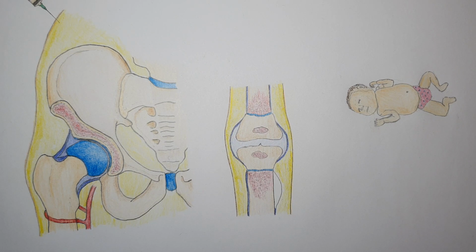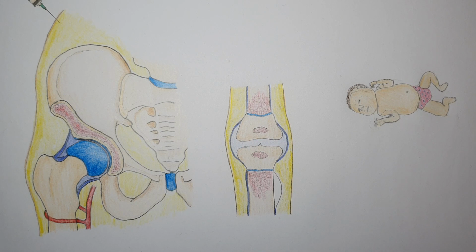But basically, the disease is different in children in comparison to osteomyelitis in adult patients. So first of all, we will see hematogenous osteomyelitis of neonates, early infancy.